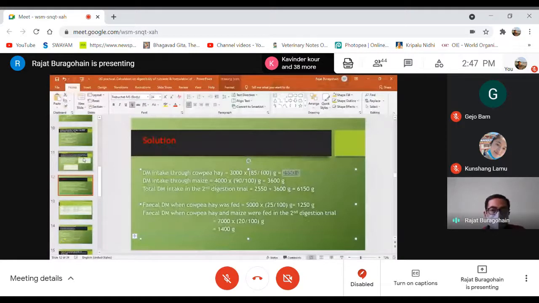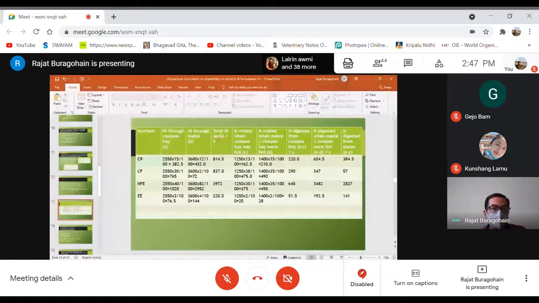This is a very simple thing. Nutrient intake through cowpea hay, this is suppose A. I am giving the number A. So how we can calculate? 2550 was the dry matter consumption when only cowpea hay was fed. Indeed, it is 60% on dry matter basis divided by 100.